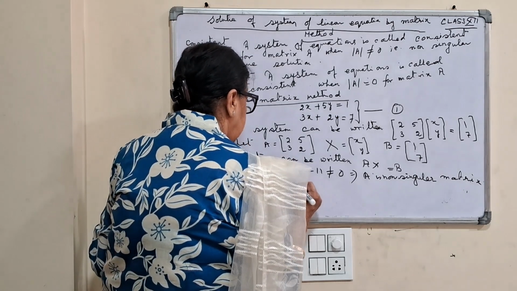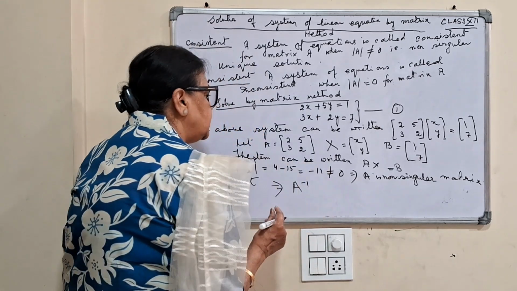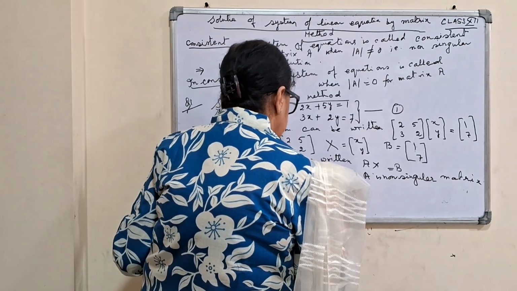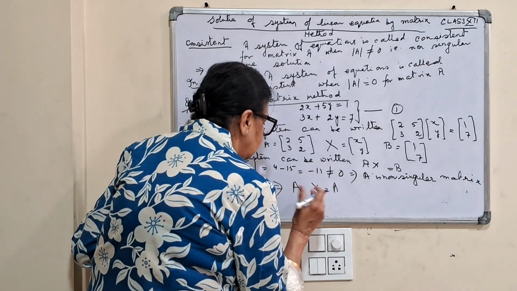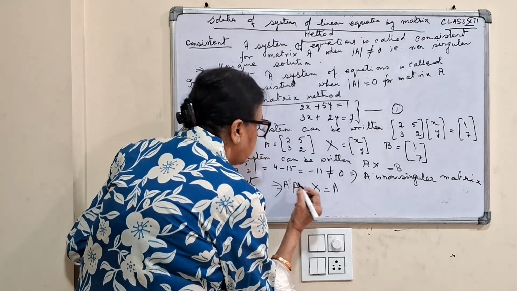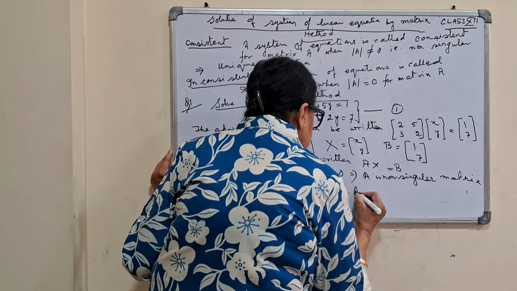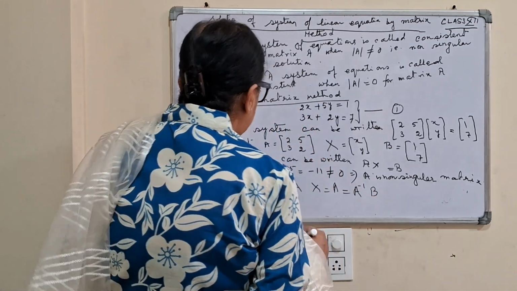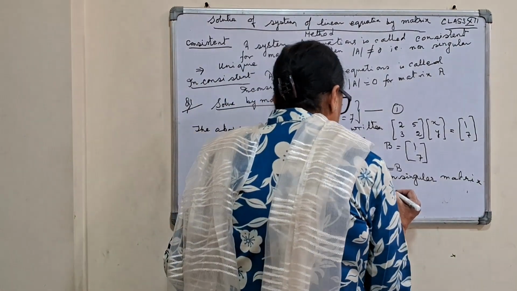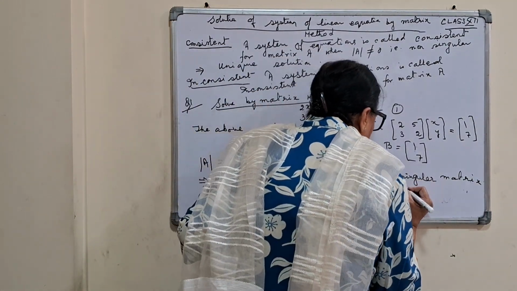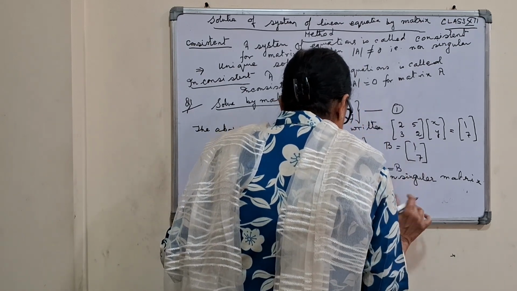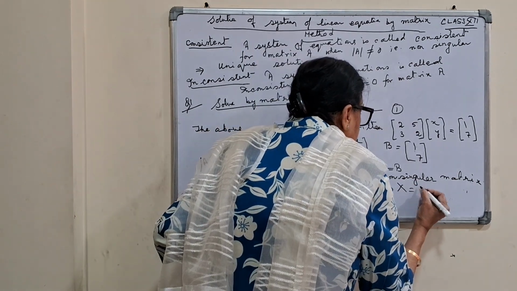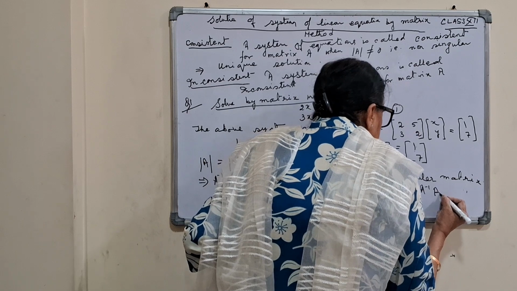I multiply with A inverse on both sides: A inverse A X is equal to A inverse B. So A inverse A is I, the unit matrix, into X is equal to A inverse B.